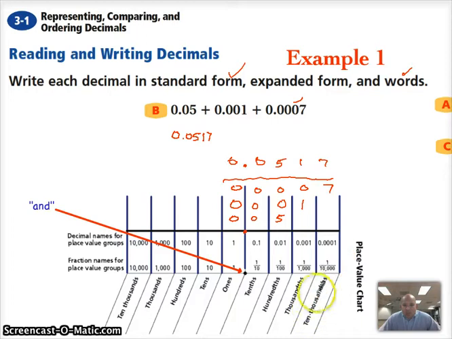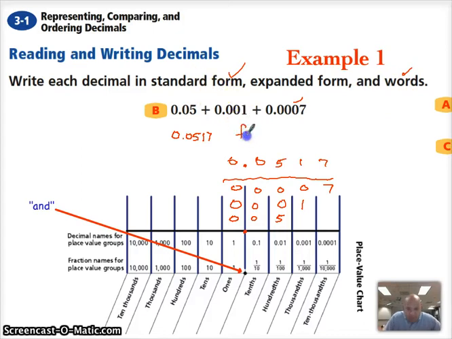Now we always read in terms of this last place value, and that 7 is the last number. 517 ten-thousandths. How do we write that in words?